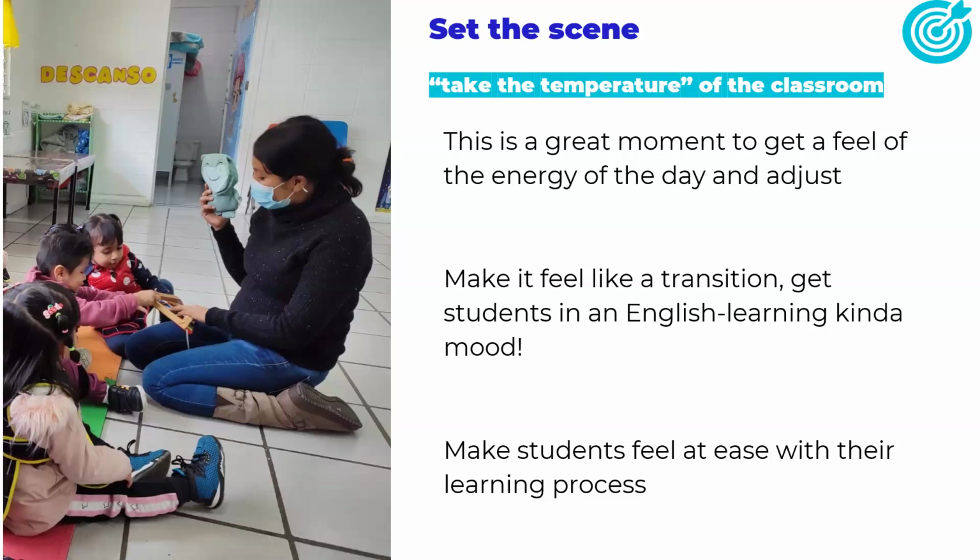So you can match their energy and then bring them down slowly, or have a moment where you all breathe or move or do something that will create that moment where it's like, okay, whatever was happening before, let's just come together for a moment and get ready for what we're doing right now. And the point of this is really to make students feel at ease with the learning process and to also give you a moment to feel at ease with what you are facing.